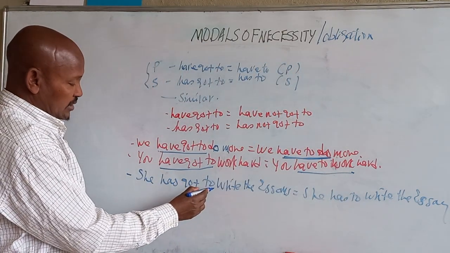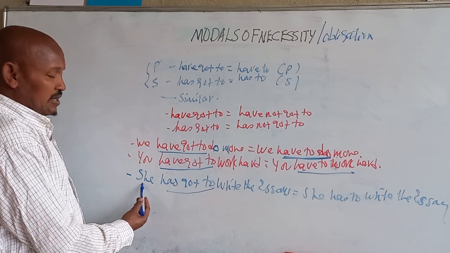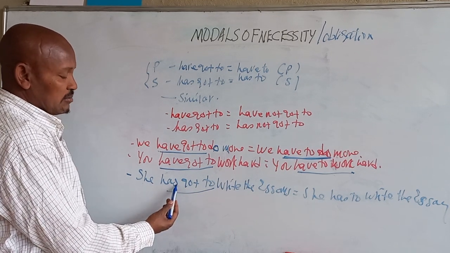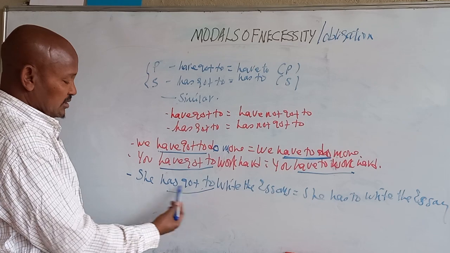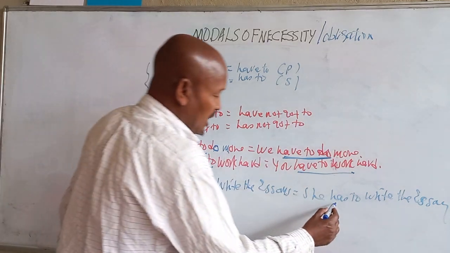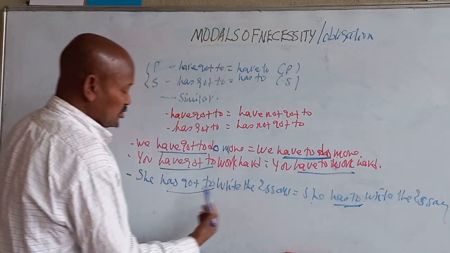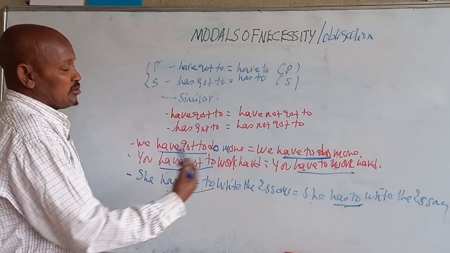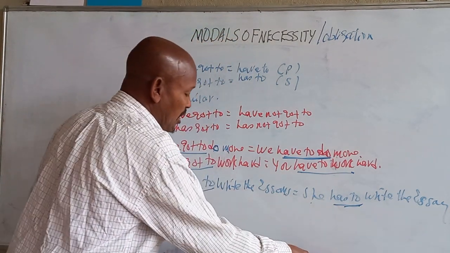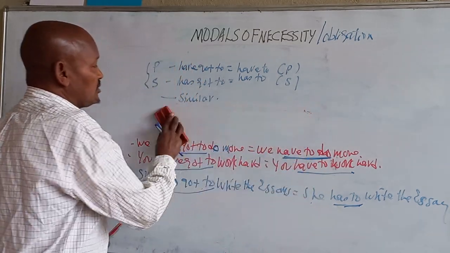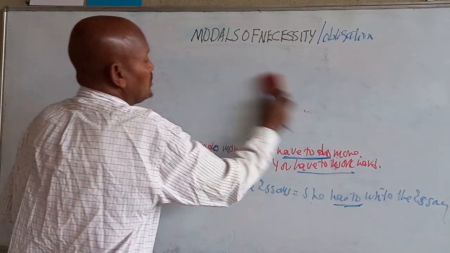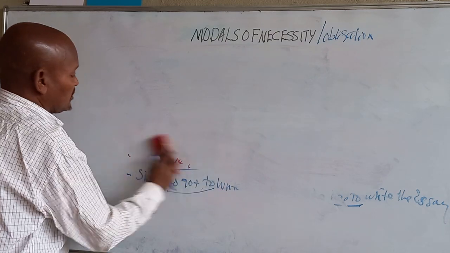Has got, I want to give emphasis here because the subject here is she, and the modal verb has got is singular, so there is subject verb agreement. And she has to write the essay, has to plus she is appropriate, but the two sentences have the same meaning. So you can just use this sentence if you are expressing necessity in this way.